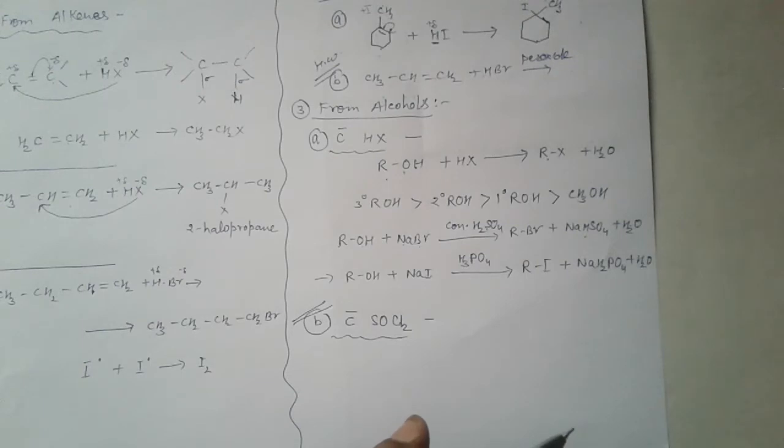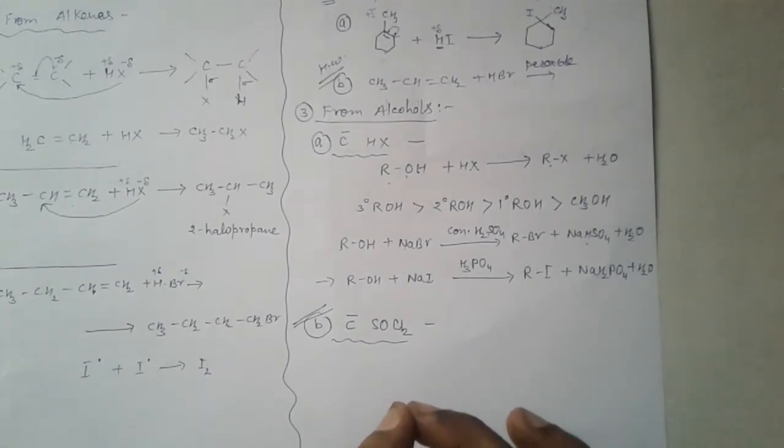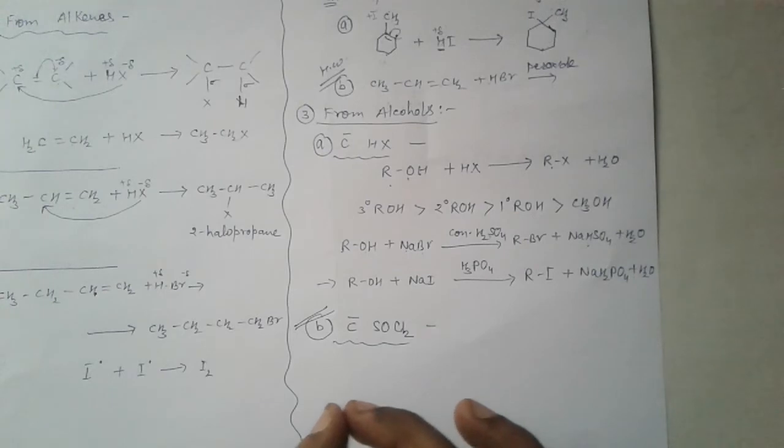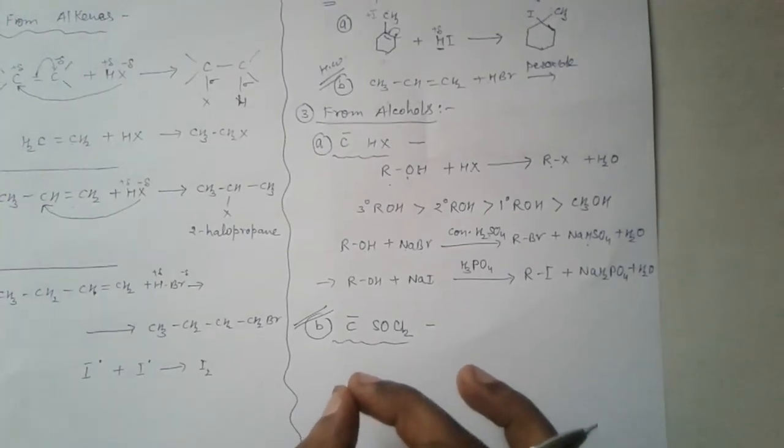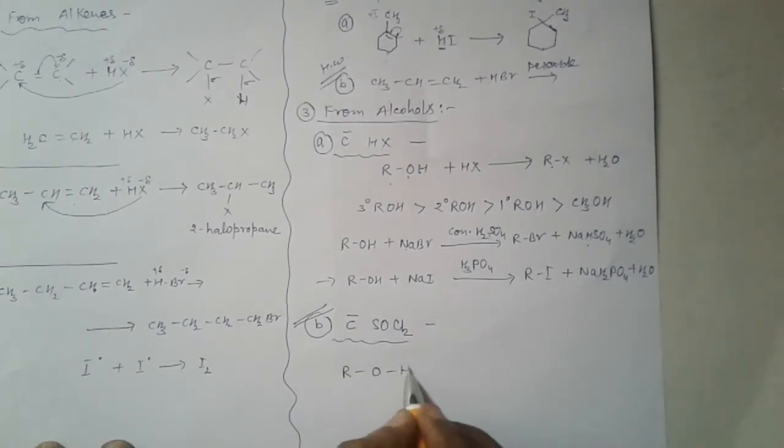In this reaction, alkyl chloride is formed by the reaction of alcohol and thionyl chloride in the presence of pyridine. So it is alcohol molecule and it is thionyl chloride molecule.